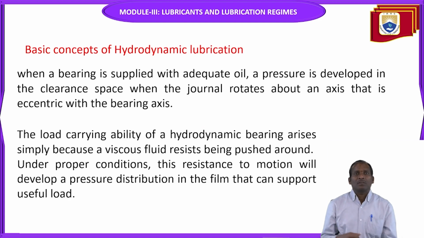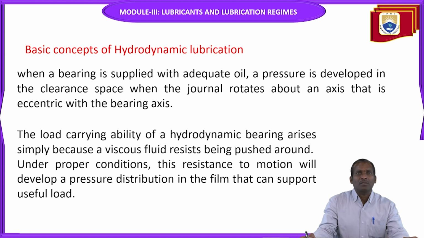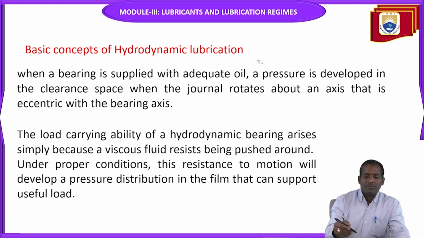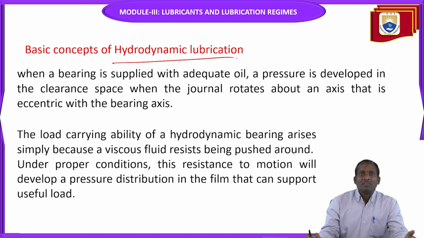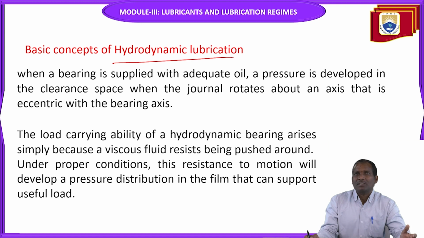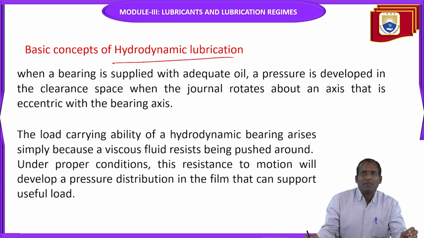Now we discuss the basic concept of hydrodynamic lubrication, or thick film lubrication, or fluid film lubrication. What is the main mechanism of hydrodynamic lubrication? When a bearing is supplied with adequate oil, take an example, the journal bearing.